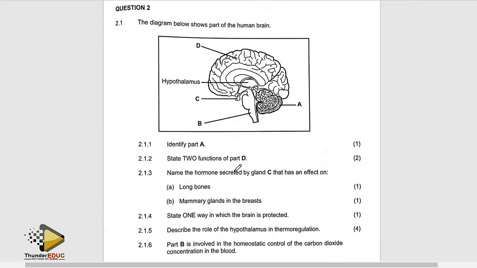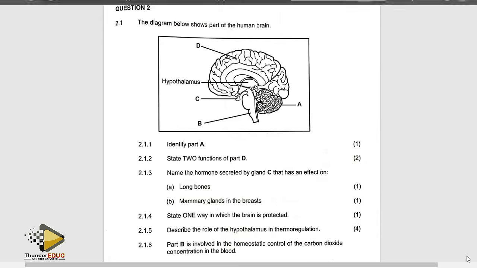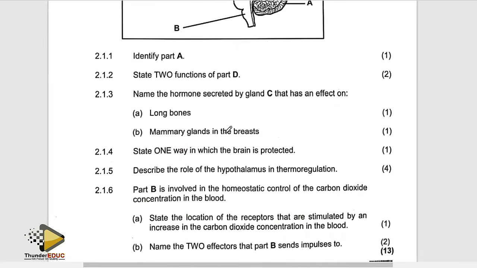Name the hormone that's stimulated by gland C that has an effect on, number 1, long bones. That is growth hormone. It is growth hormone which has the effect on long bones. It brings about the growth of these bones. And then mammary glands, that is prolactin.